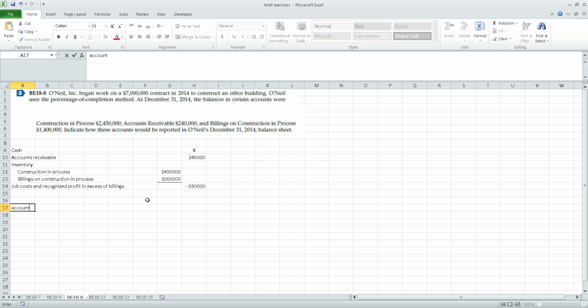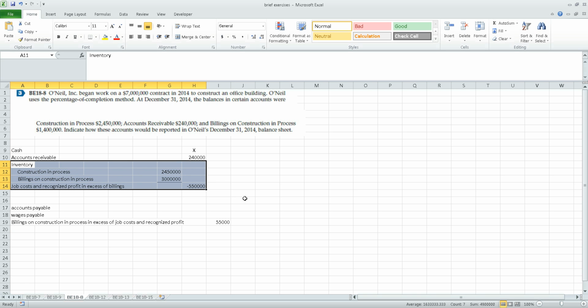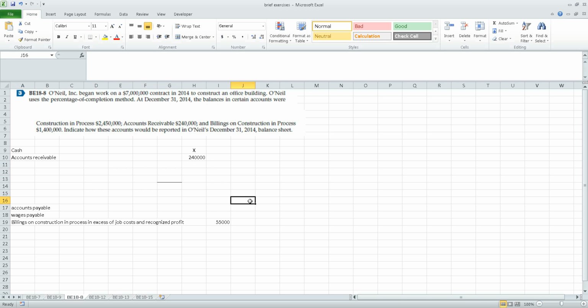You'd have your accounts payable, wages payable, etc. And then you would have a line item that says billings on construction in process in excess of job costs and recognized profit. And you'd have that $55,000 over there, and you would not report any inventory under the asset section of the balance sheet.